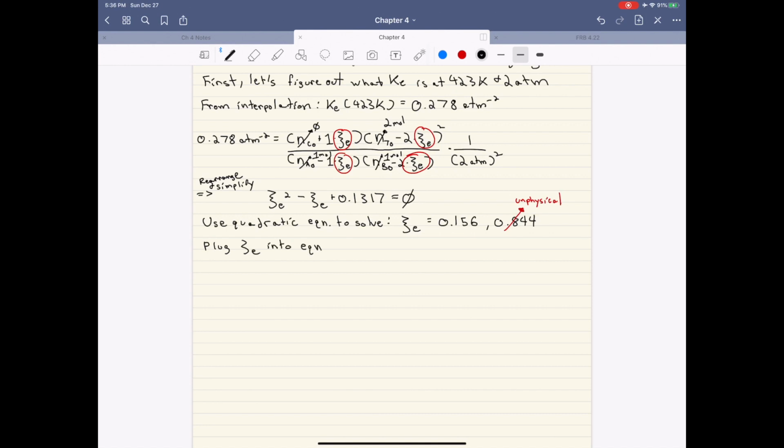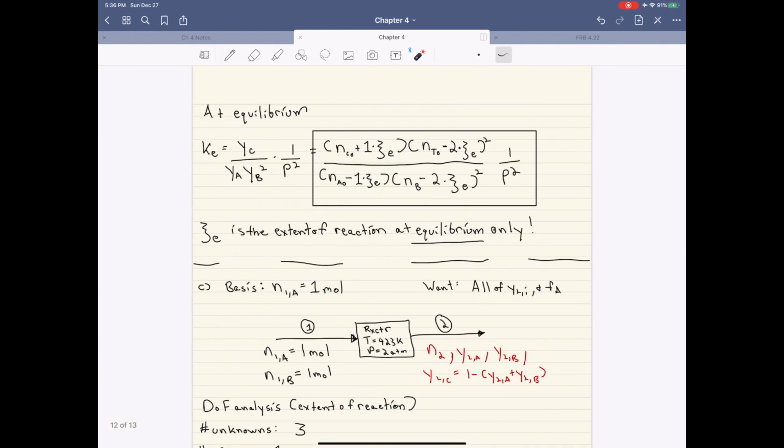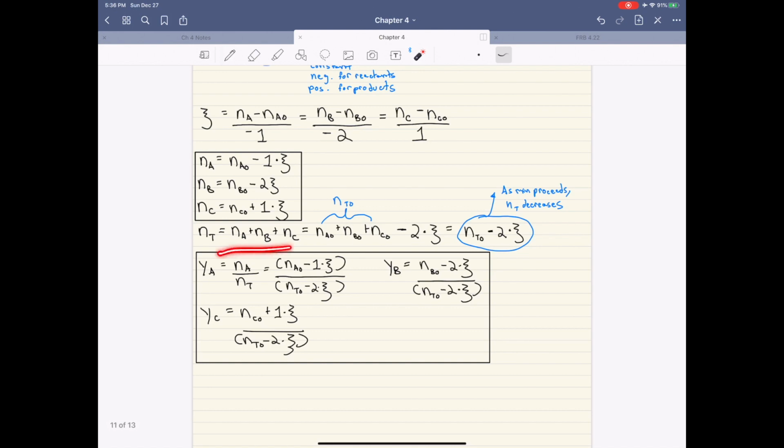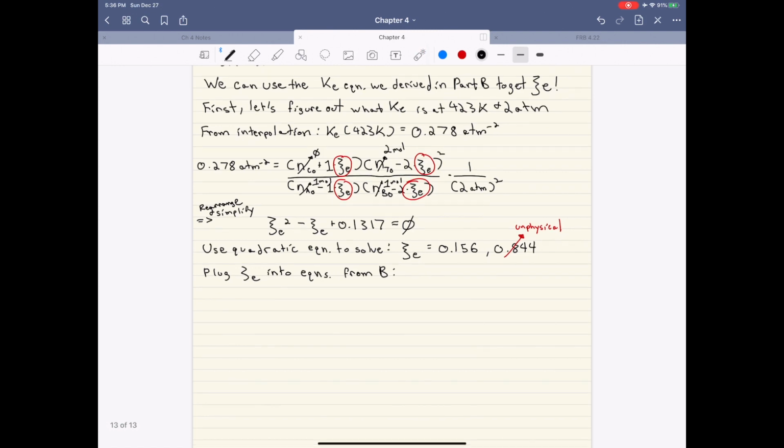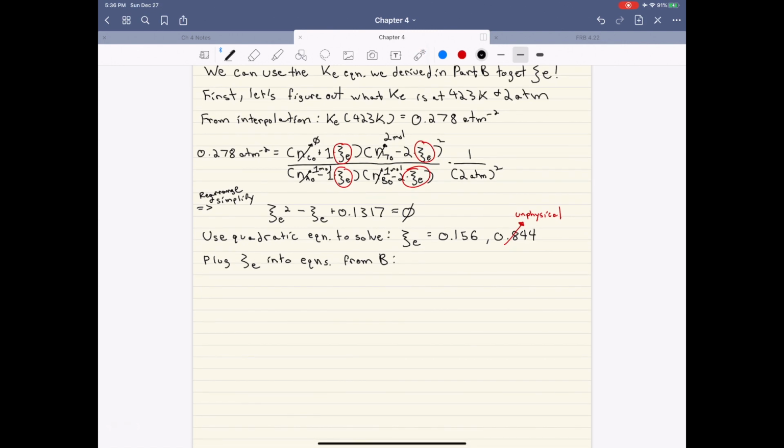And then what we're going to do is we're going to plug in this value into our equations that we derived here. Alright, and so if we do that, what we get is values of this. Alright. So there are our mole fractions.